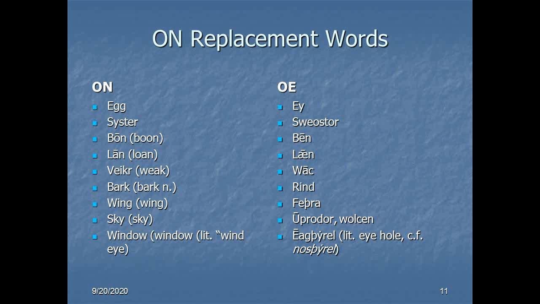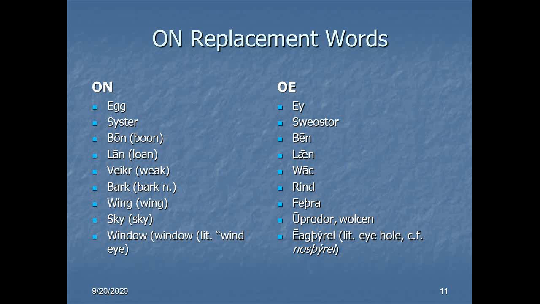Every culture has a word for sky, so we might wonder why the Old Norse word for sky would replace either of the Old English words for sky, uprodor or wolcen. Now, in that word wolcen, there is, of course, a dialect word, an antiquated dialect word, welkin, which means sky. So it hangs on in a dialect usage, but it's not the main word.